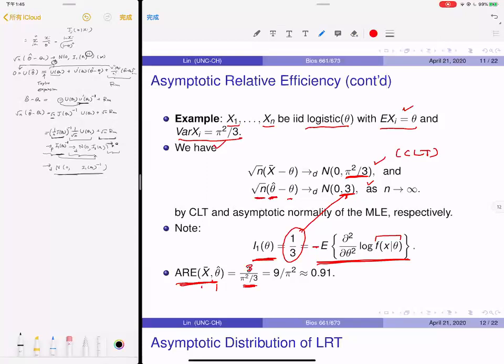It turns out to be 0.91, which basically means what? The MLE is a better estimator, because 3 is less than pi squared divided by 3. Okay, again showing that the MLE is going to be the asymptotically most efficient estimator. It's going to have the smallest variance when n goes to infinity.